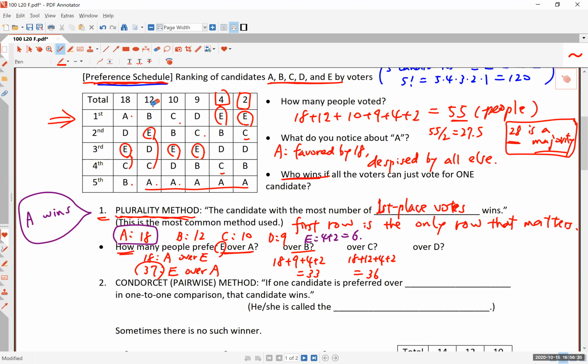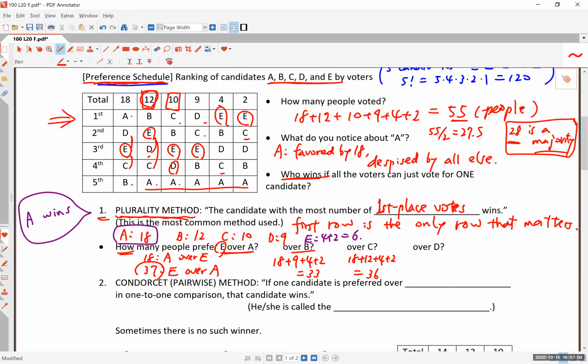And finally, let's compare E to D. So far, E beats everybody, right? E beats A, B, and C. How about E against D? Well, these people think D is better than E, but this group, 12 people, think E is better than D. And here, E is still better than D, that's 10 people. And here, D is the top, so that doesn't count.